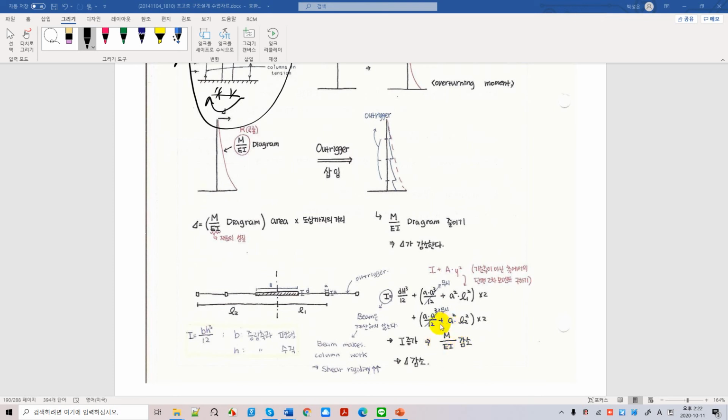Okay, then you just simply go back and spend a few minutes. These M over EI diagrams will have to be calculated to calculate the deflection on top of a cantilever, on top of buildings. So consequently, I increases a lot here due to the additional columns that you add with the outrigger.